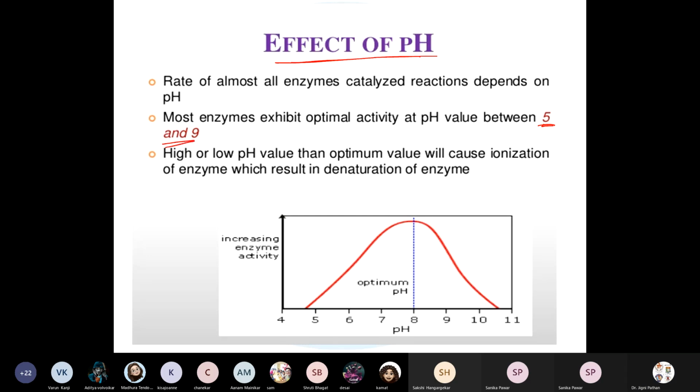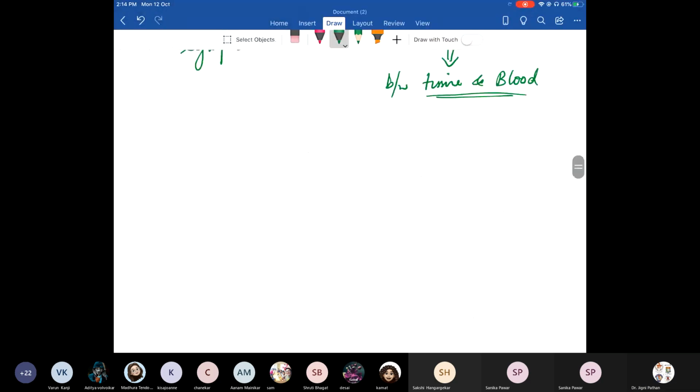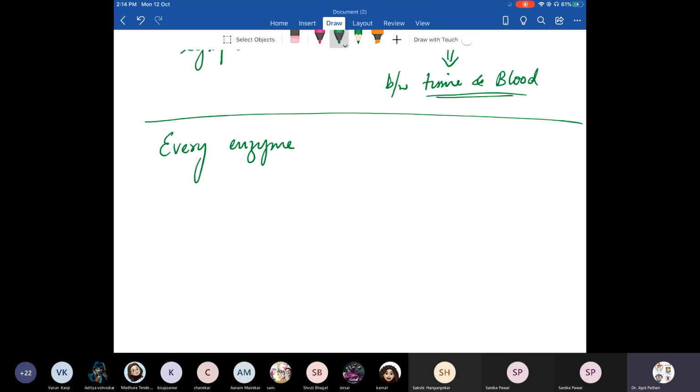So write down this. Every enzyme has an optimum pH, when it is most effective.